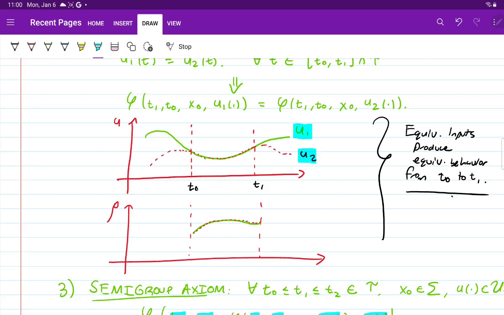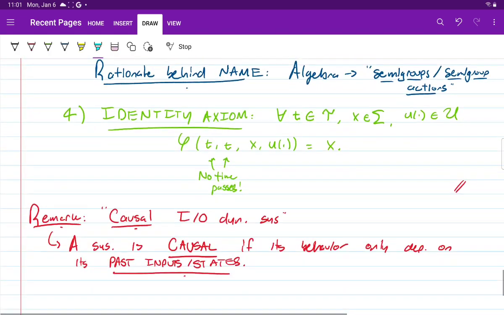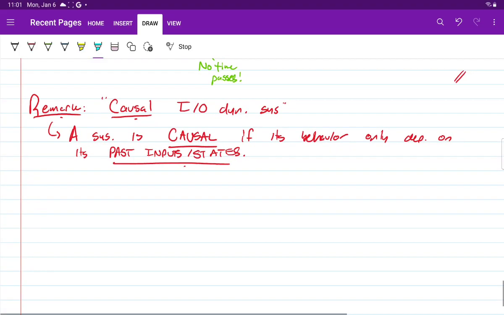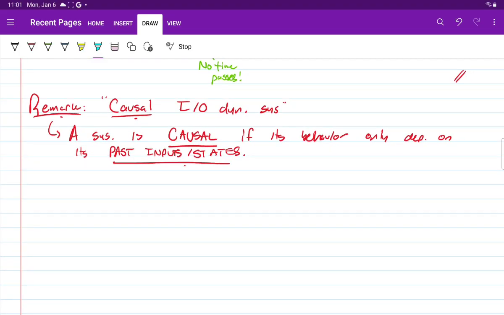All that it cares about on this interval from t0 to t1 is what the input signals are doing beforehand and not what they're doing in the future. So even if these two input signals diverge, we should have the same behavior before that divergence. This is the basic idea of causality. Up until the present, our behavior only depends on things in the present and things in the past, not on things in the future.